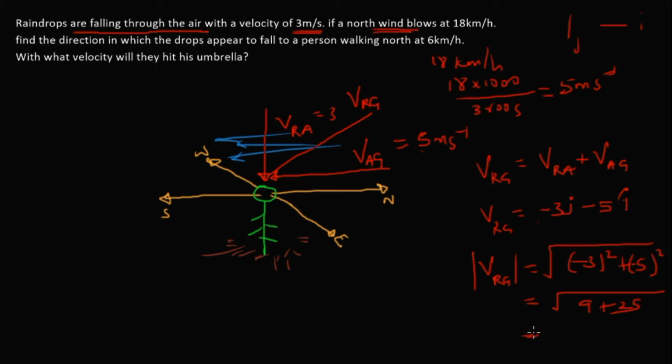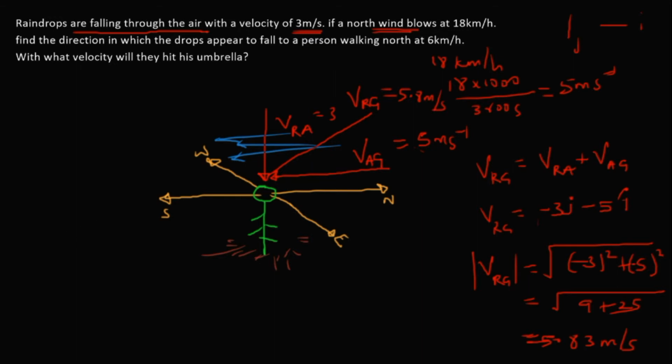The root of 9 plus 25 is the root of 34, and the square root of 34 is 5.83 meters per second. So 5.83 meters per second is the velocity of the rain to the ground. So that is 5.8 meters per second.